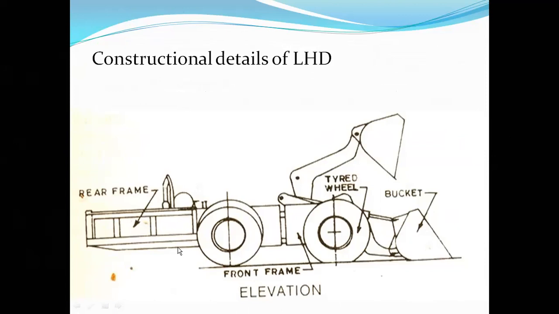But if the LSD is used in underground coal mines, mostly it will be electrically operated. The electric power supply to the engine is supplied by a trailing cable, and there is a rotating drum used for coiling and uncoiling of the trailing cable, which provides the power supply. Using this flexible trailing cable, the required power is supplied to the engine, and as a result it can operate very easily.